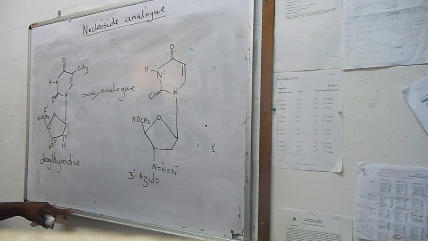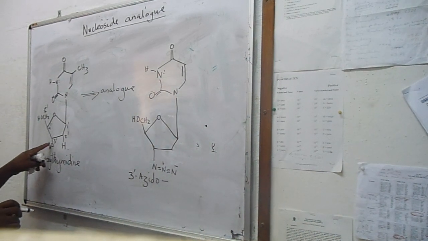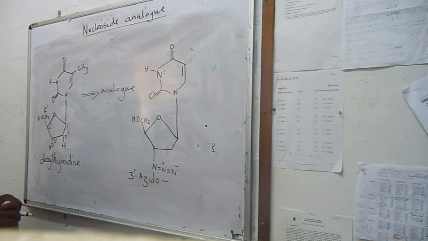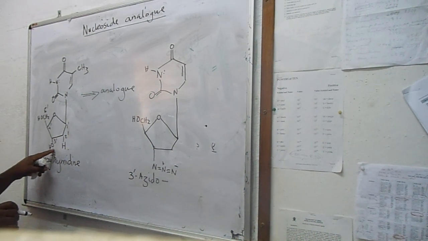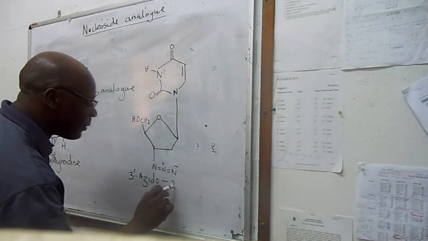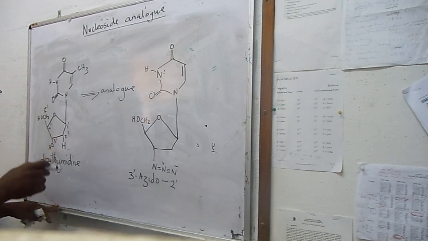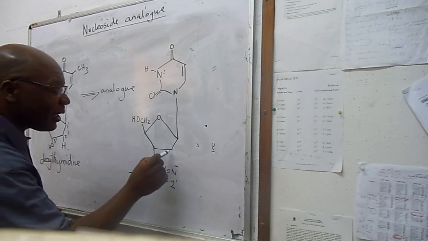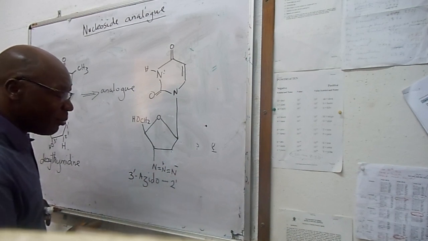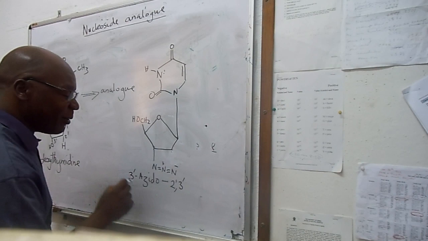But for us to put the azido group, what did we remove here? We sort of removed the oxygen. Remember, if we are thinking of the ribose sugar, at 2 prime the oxygen is removed. Also at 3 prime the oxygen has been removed.